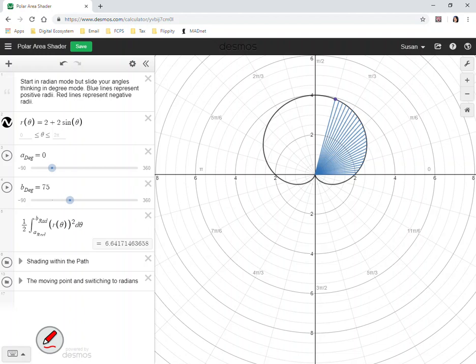So if I go all the way to pi over 2, since it's starting at 0, it would only calculate area from there to there. So I'm only getting this little piece. I'm missing the little blood part right there.